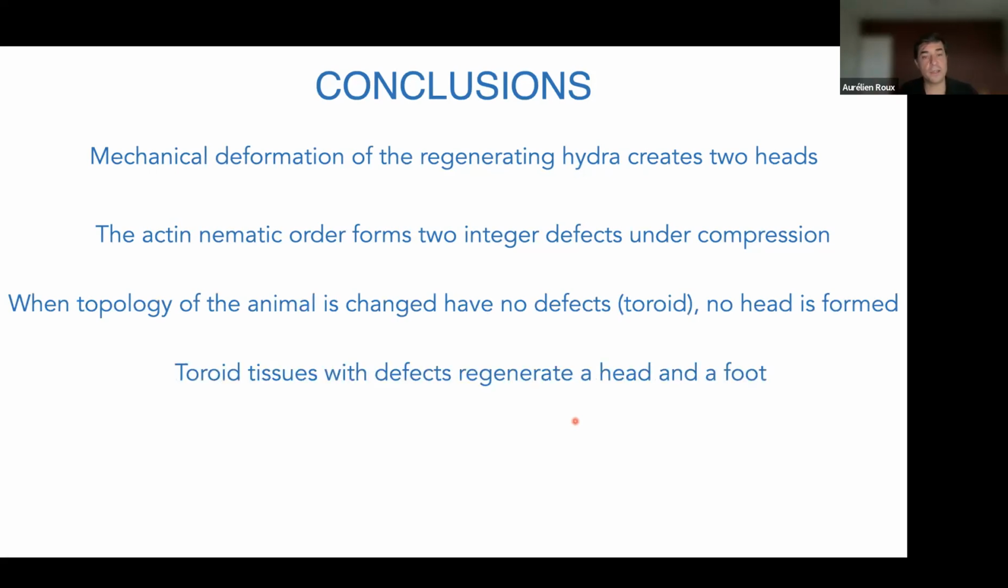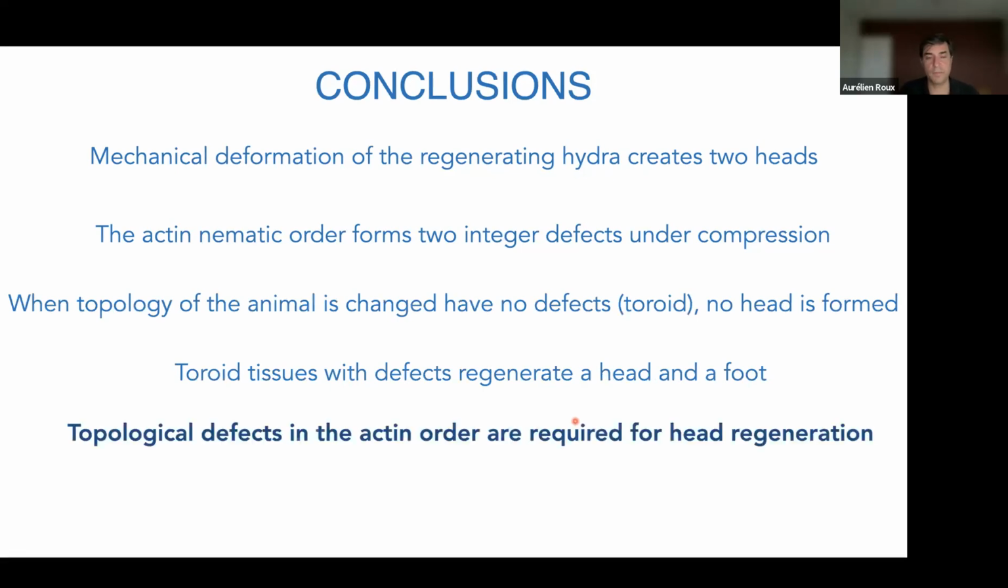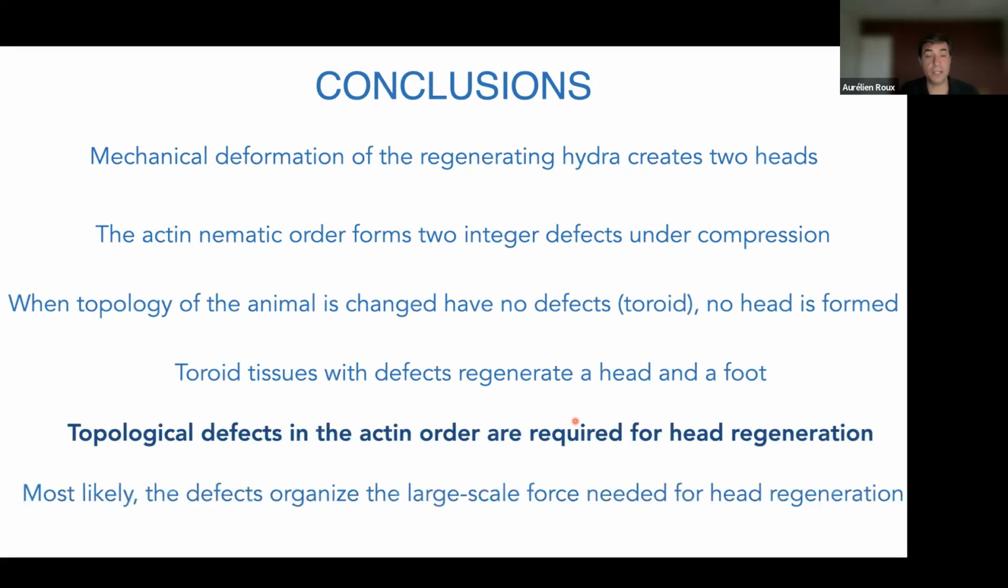And the toroid tissues with defects can regenerate a head and a foot. And so we think that the topological defects in the actin order are required for the head regeneration. And most likely it's because they set the stress field to form the body axis of the elongation that will then allow for full regeneration.